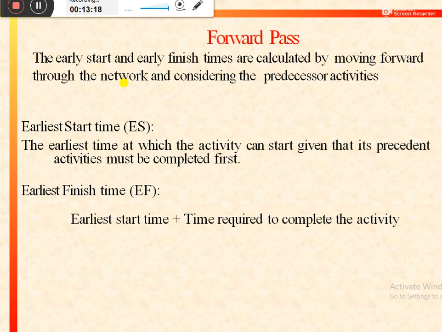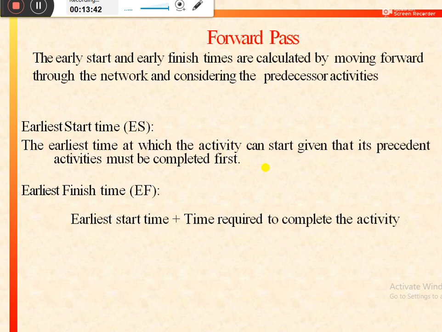The earliest start time is the time at which an activity can start, given that its preceding activities must be completed first. Only after that can we start the activity.